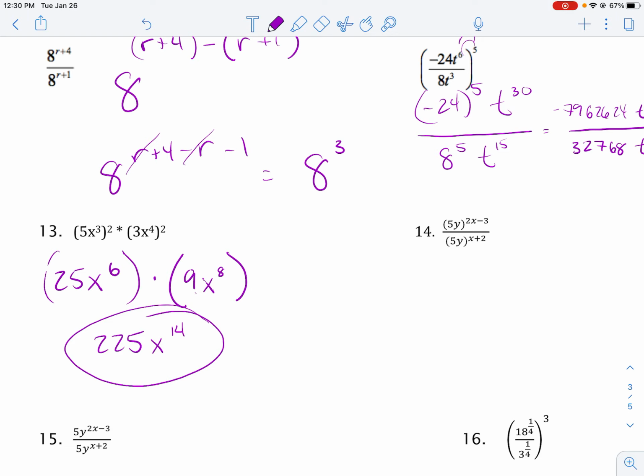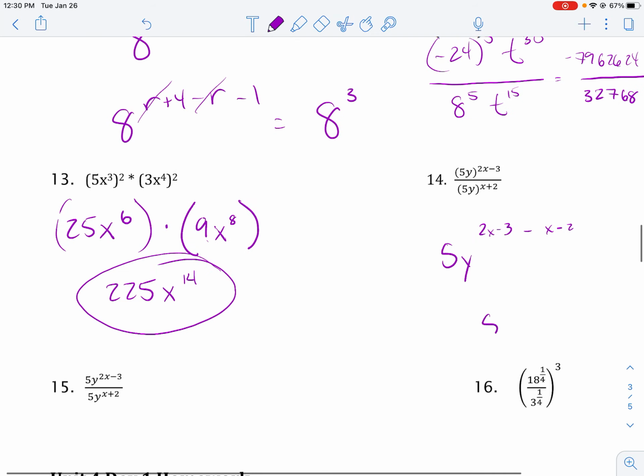The next one over here, looks like we have the same base, so we keep the base, and when we divide, we subtract the exponents. Okay, so I'm going to distribute that negative sign. So that's going to be a negative, and this becomes a negative. And so our answer is going to be 5y to the x minus 5.